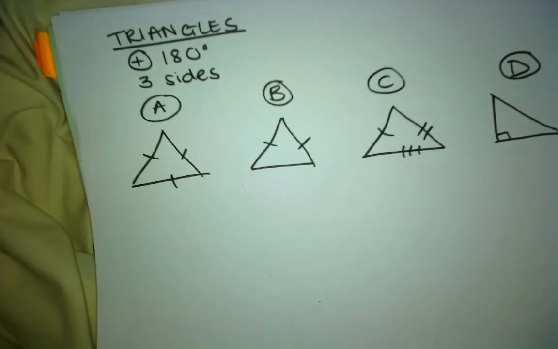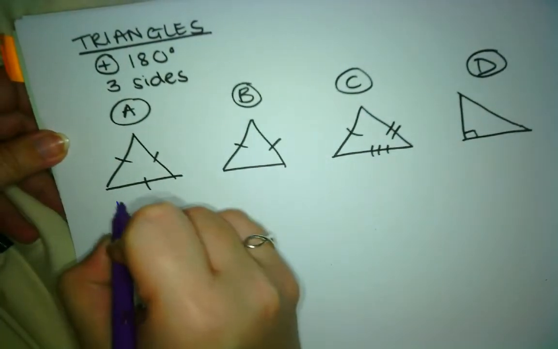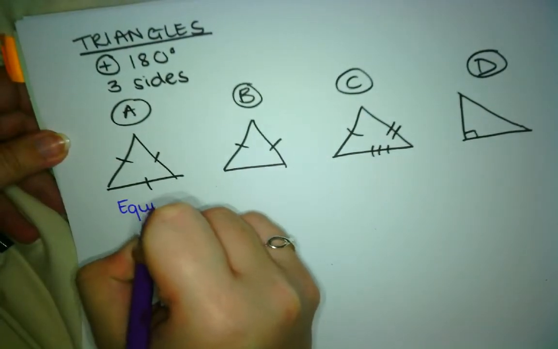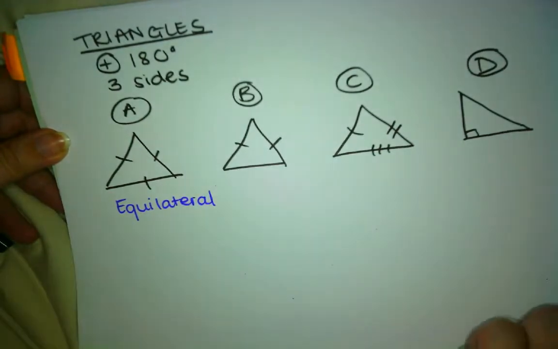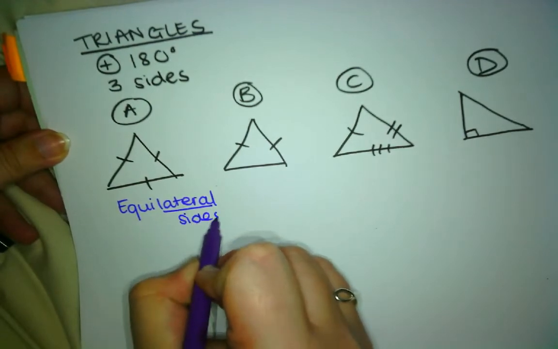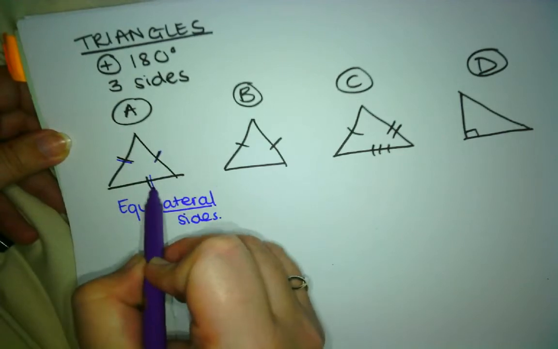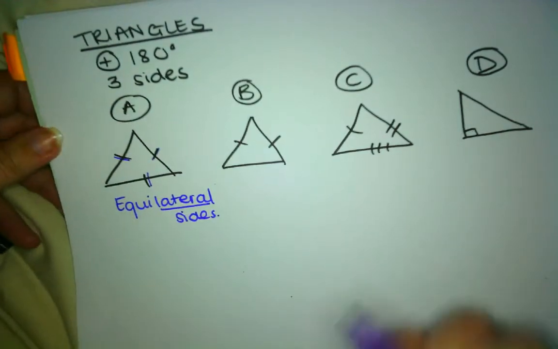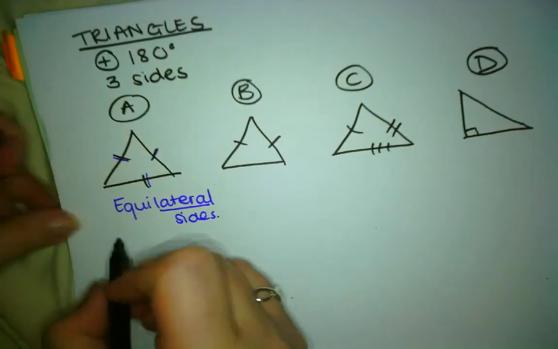So the first one is called an equilateral triangle. Lateral means sides. It's equilateral because all the 3 sides are exactly the same. I'm also going to write equiangular, it's actually in the name.